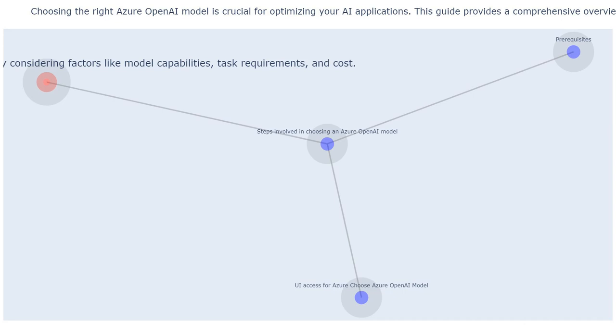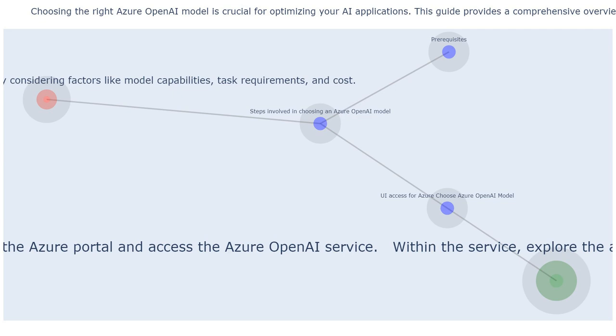UI access for Azure. Choose Azure OpenAI model. The Azure Portal is your primary interface for accessing and managing Azure OpenAI services. Once logged into the portal, navigate to the Azure OpenAI service, where you'll find a comprehensive list of available models along with their detailed specifications.